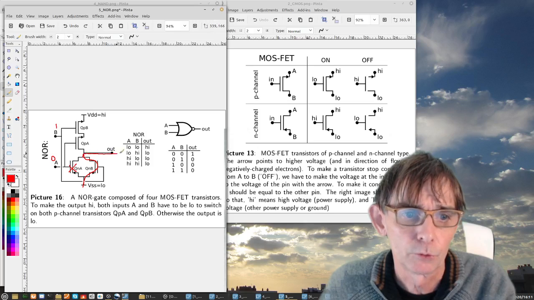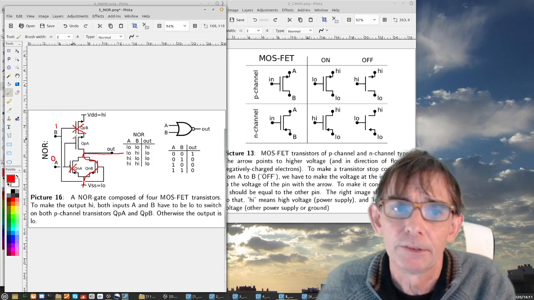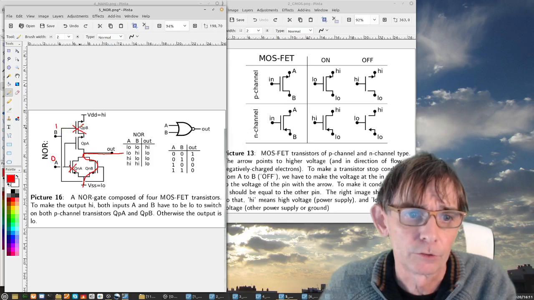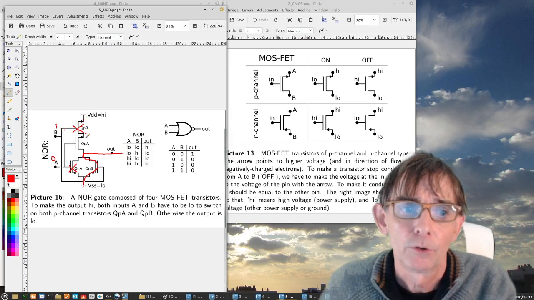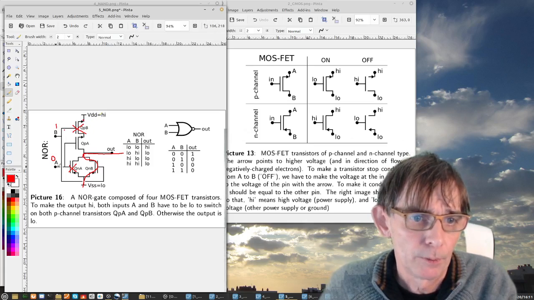So we have here a short to output, and this one, B, closes this one because it's a P-channel transistor, and that closes when the voltage is close to this supply voltage. And this one actually opens this one, that's okay.